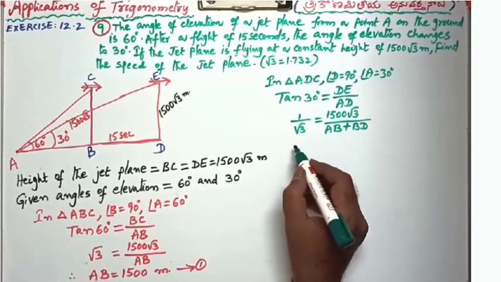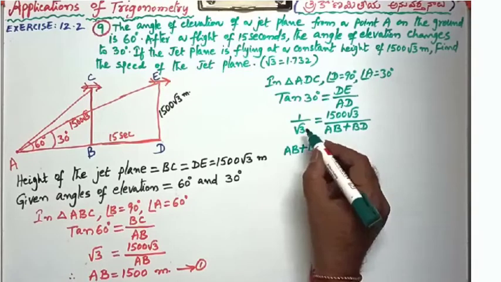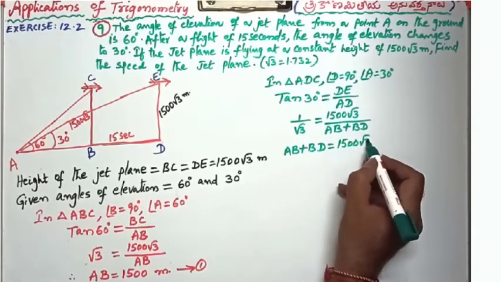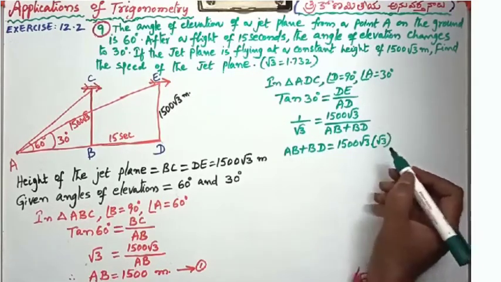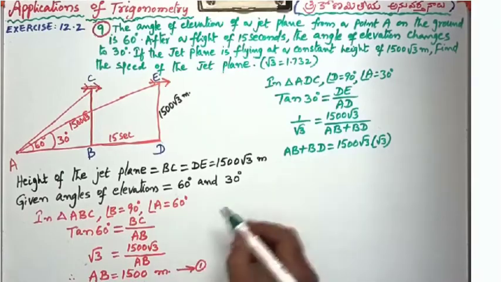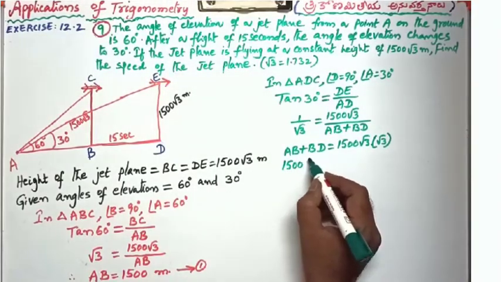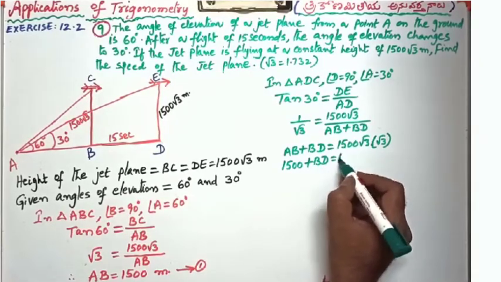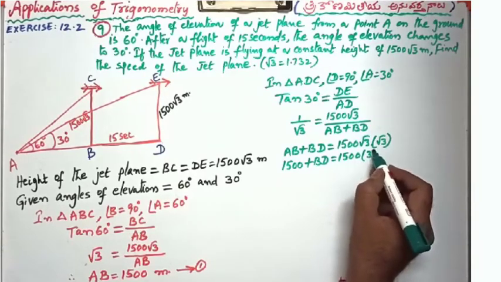So do the cross multiplication. AB plus BD is equal to 1500 root 3 into this root 3. So substitute AB value 1500 plus BD, that equals 1500 root 3 times root 3, root 3 times root 3 is 3.